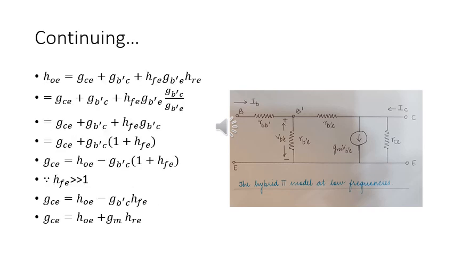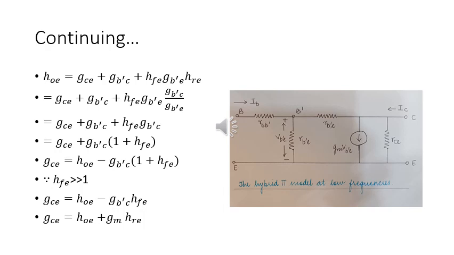We get hoe equal to GC plus GB'C plus hfe GB'E hre, which is equal to GC plus GB'C plus hfe GB'E GB'C upon GB'E. The GB'E cancel mutually in the numerator and denominator, and we are left with GCE plus GB'C plus hfe GB'C.